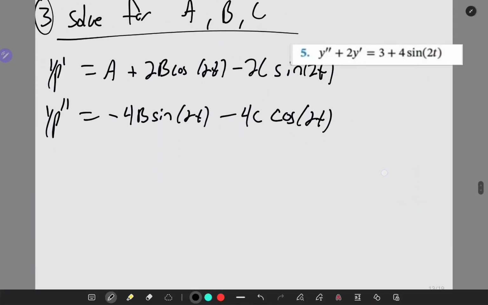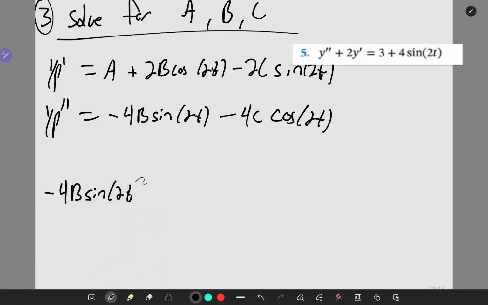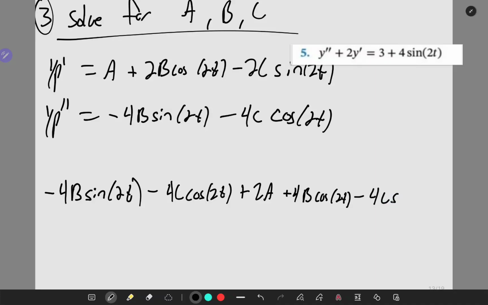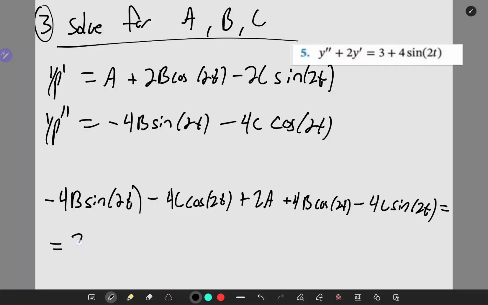So we have y double prime, so minus 4b sine of 2t minus 4c cosine of 2t plus 2y prime, so plus 2a plus 4b cosine of 2t minus 4c sine of 2t is equal to 3 plus 4 sine of 2t. Okay, I don't think we need this anymore.